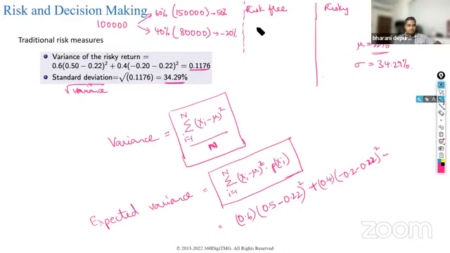For the risk-free asset, the return that you're going to expect is 5%. What will be the variance, what will be the standard deviation value for a risk-free asset? A risk-free asset doesn't have any risk. It will be 0. There is no risk.